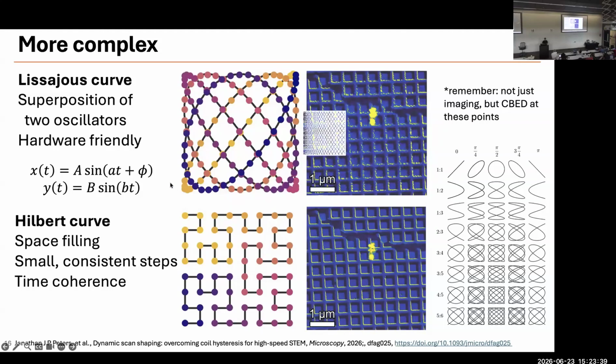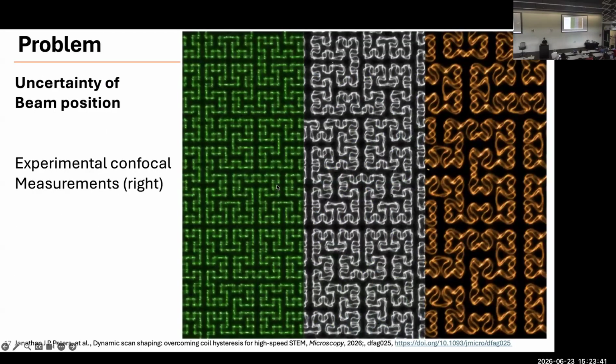And so there are other problems. Now we're trying to program the scan coils to do things that they weren't originally designed to do. And so there's going to be a lot of lag, a lot of hysteresis, just a lot of things that start going wrong. And you're going to have to do a lot of calibrations with the scan coils to make sure that the probe is actually where you think it is. And so you start getting all these problems that you don't have to face by just collecting in a normal type of way.